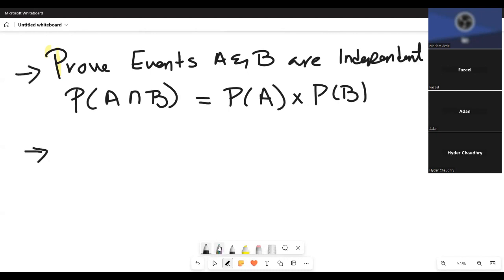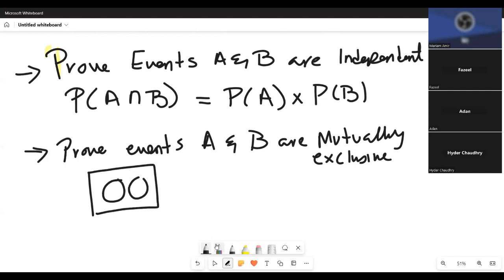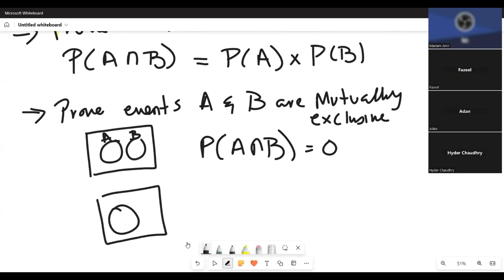Then a question comes: prove events A and B are mutually exclusive, which we talked about in the beginning. So you have to show that the probability of A intersection B is 0 here. These are not mutually exclusive otherwise. So A union B equals what?